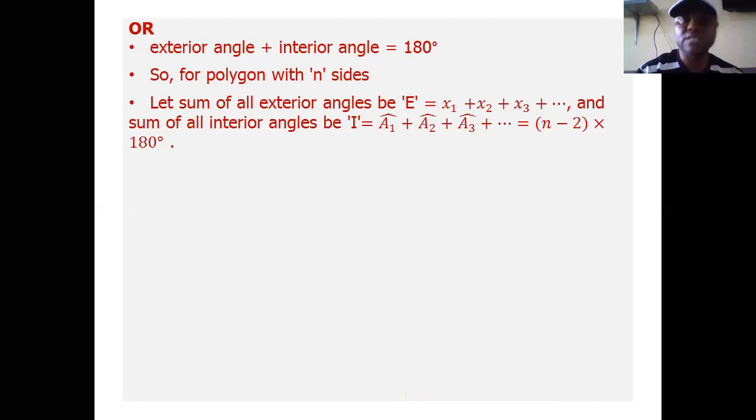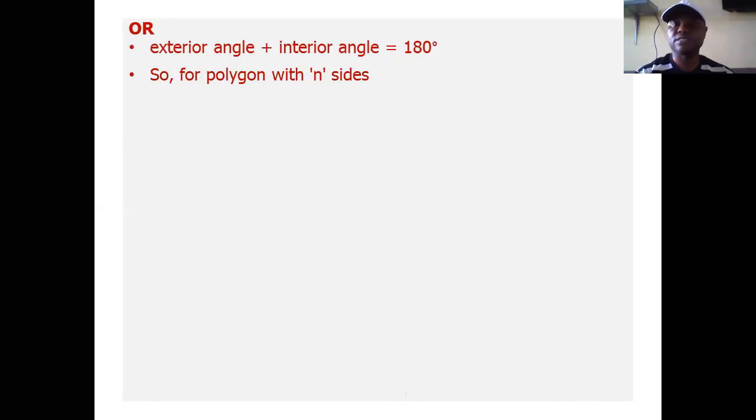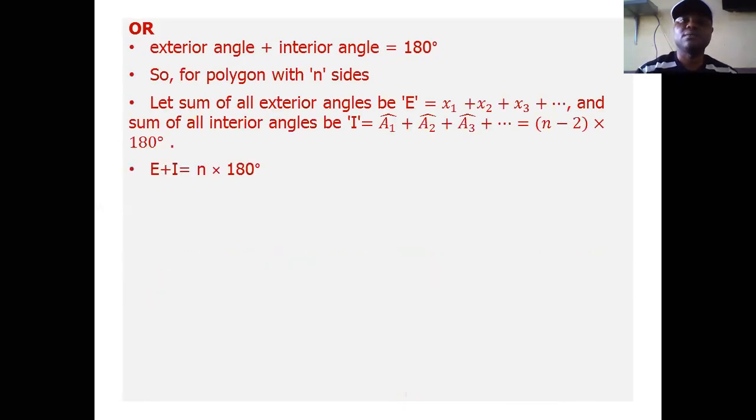And we already know that the sum of interior angles is what? As you can see on the screen, a1 plus a2 plus a3 and so on is given by n minus 2 times what? 180. So we can combine this by saying E plus I, because we know that exterior angle plus interior angle will give you 180 degrees.